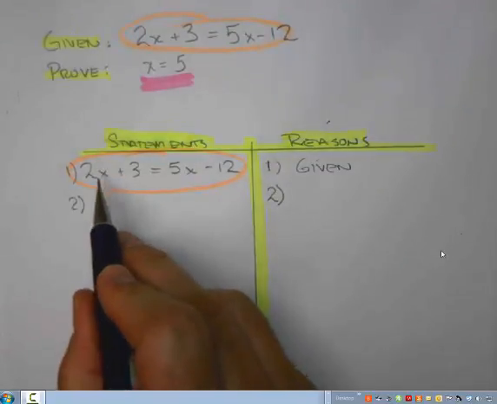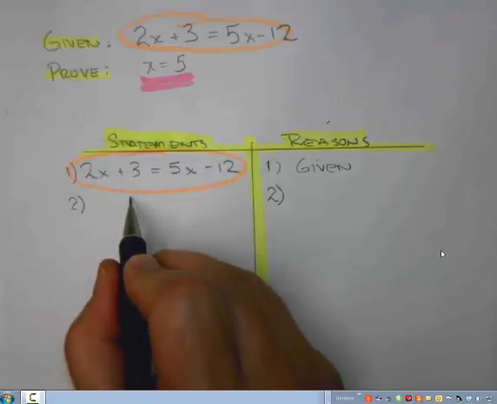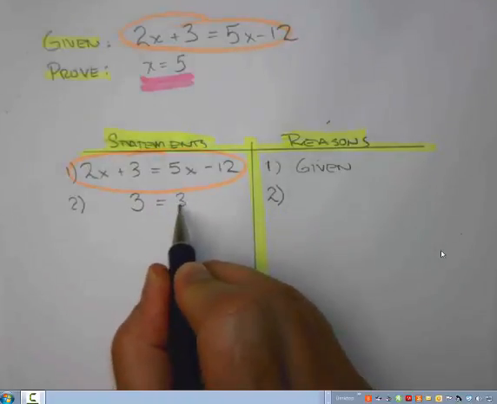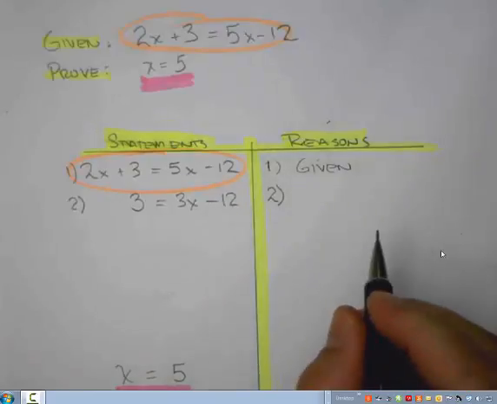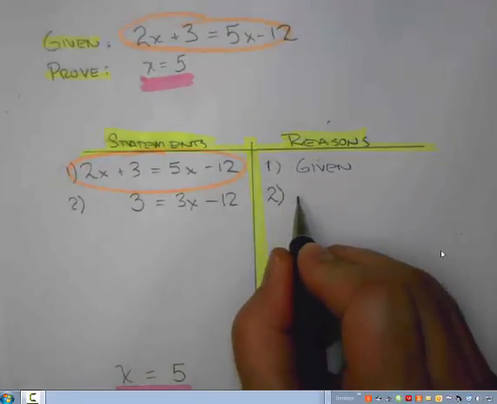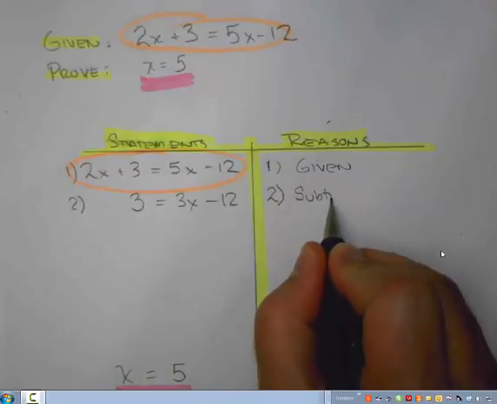So if I'm going to subtract 2x from both sides, my result would be 3 is equal to 3x minus 12. Why was I allowed to do that? I was allowed to do that because of the subtraction property of equality.